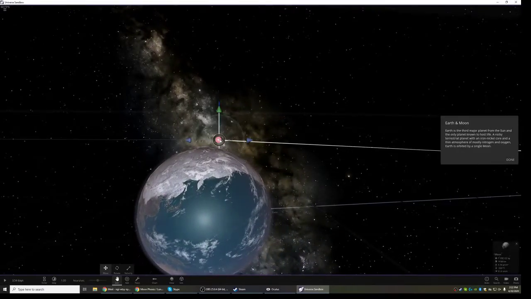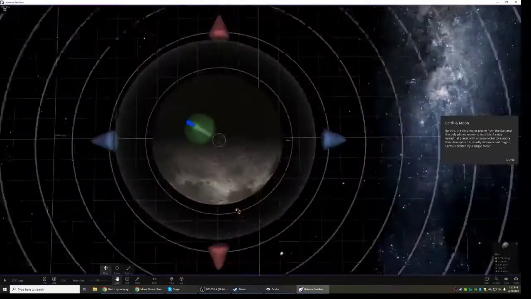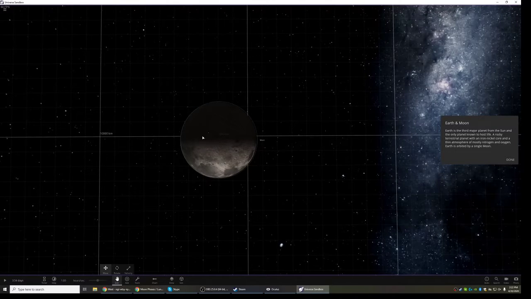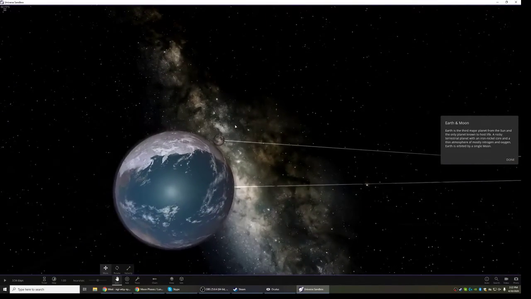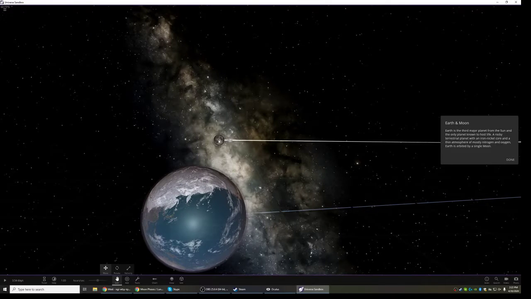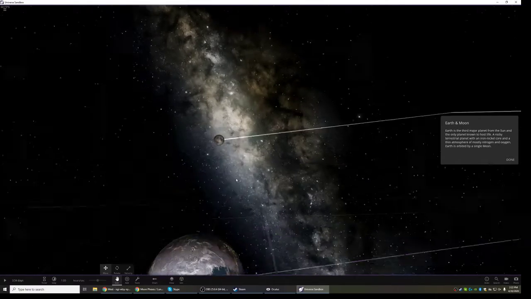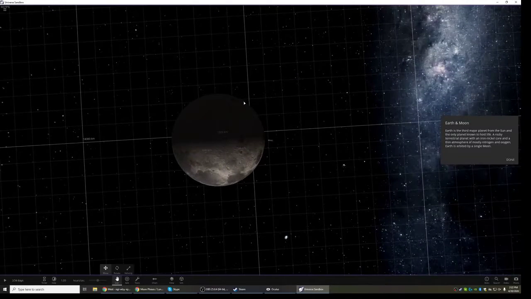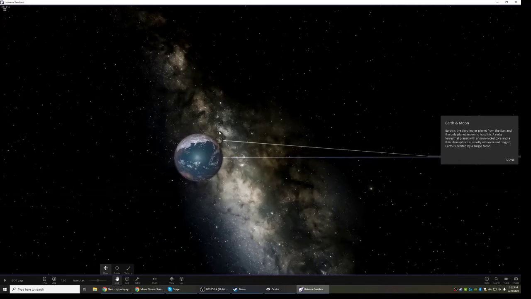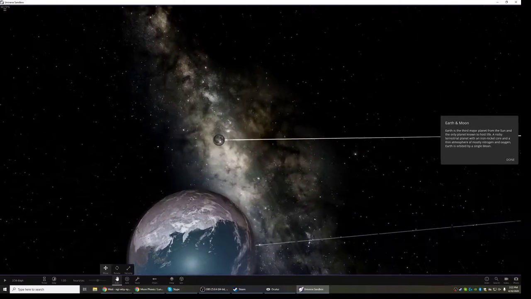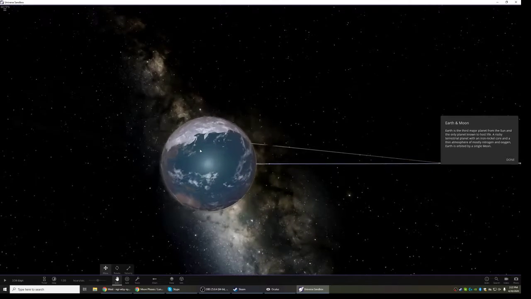So we can see all 50% of the illuminated surface, which is what we would consider 100% illumination, because we won't be able to see the backside of the moon at all. Does that make sense? So even though it's a full moon, we're only seeing 50% of the moon's total surface, because there's no way we can see all 360 degrees, because we can only see from one perspective.